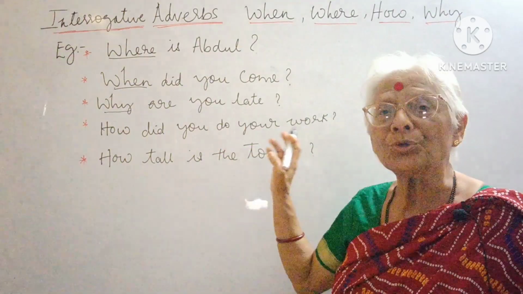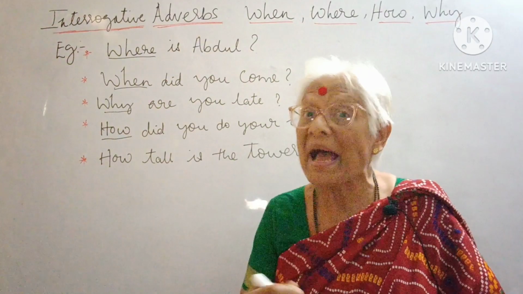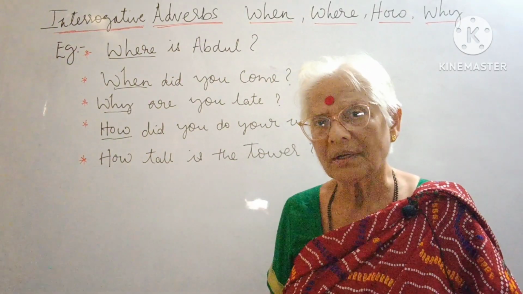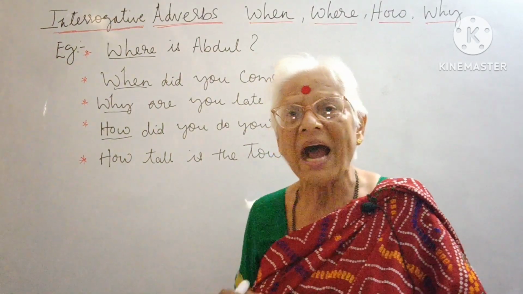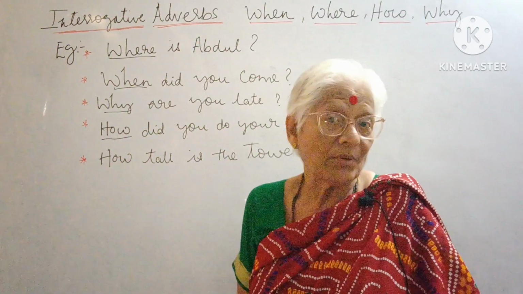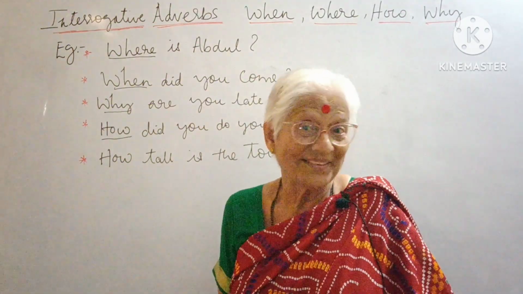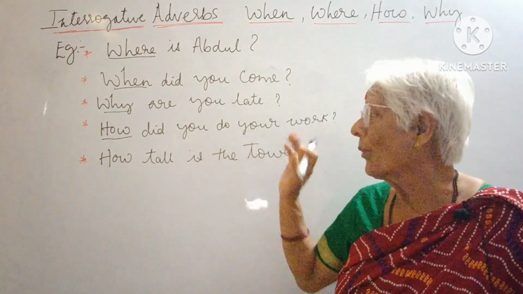How did you do your work? This asks about the manner in which you did your work. I did my work regularly, or I did my work specifically. I did my work shabbily. Why not? Some of us are shabby, aren't we? No, we shouldn't be, but we are. So, how did you do your work?